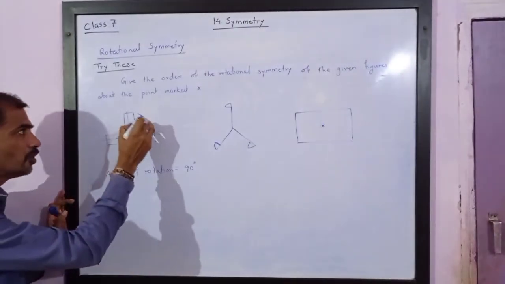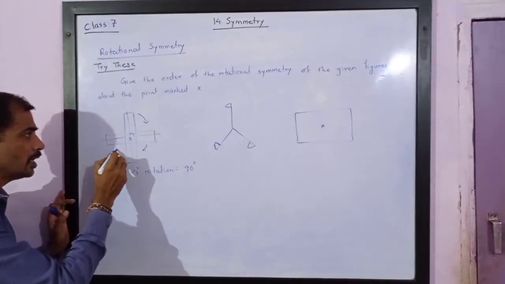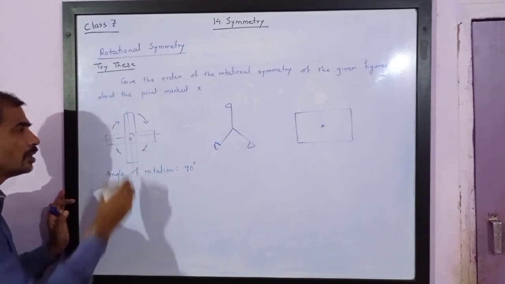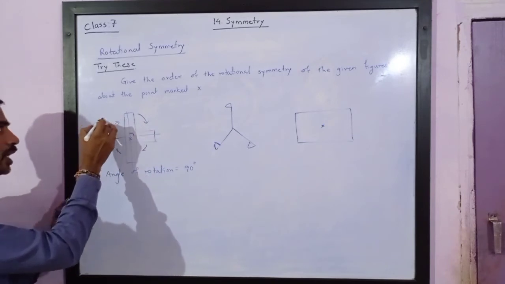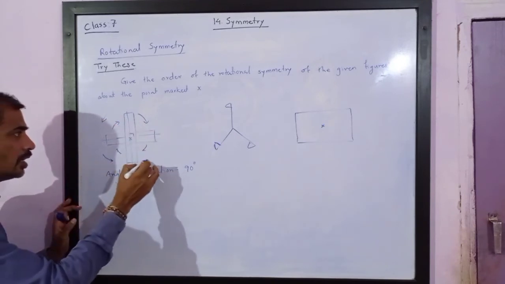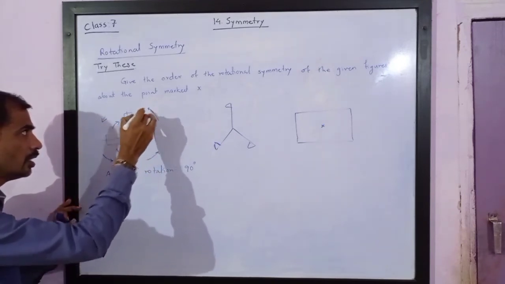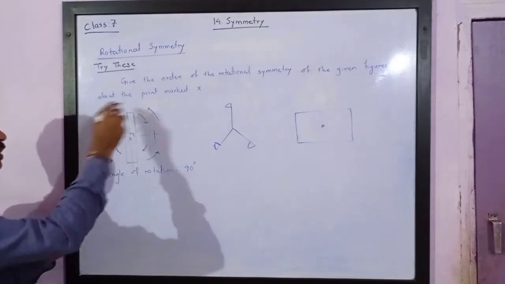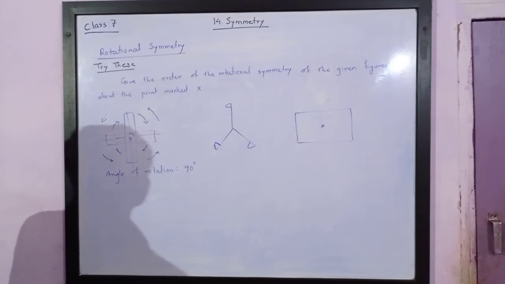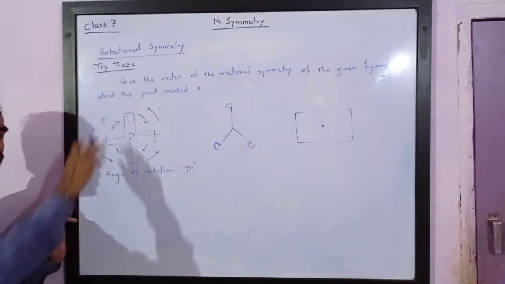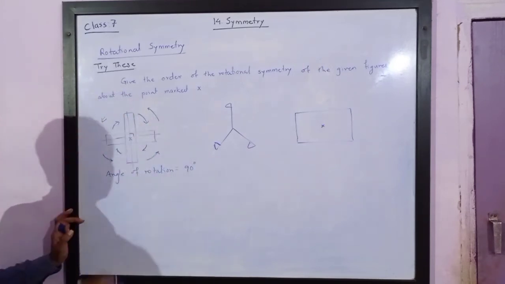Please note, if you rotate in clockwise direction, then also we will get the same figure, or if you are rotating in anti-clockwise direction, then also you will get a symmetrical figure, that is, having rotational symmetry. So it can be either clockwise or anti-clockwise.